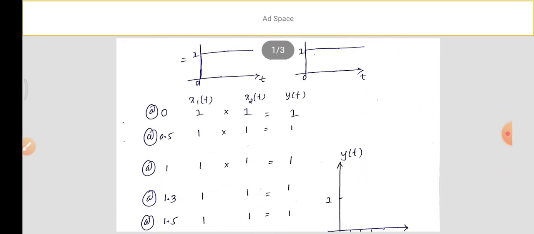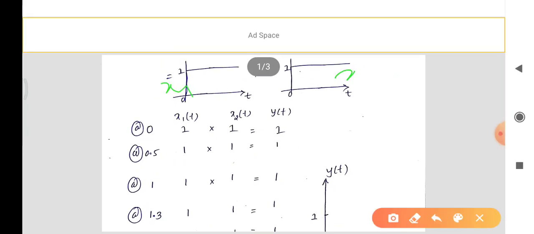Let's take this as x1 of t, and this is your x2 of t. Let's start doing it. We have a time column, an x1 column, an x2 column, and a y of t column. Now at 0 seconds, both the signals are how much? x1 is 1 and x2 is also 1. 1 into 1 is 1. At 0.5, 1 into 1 is 1. At 1, 1 into 1 is 1, and so on.